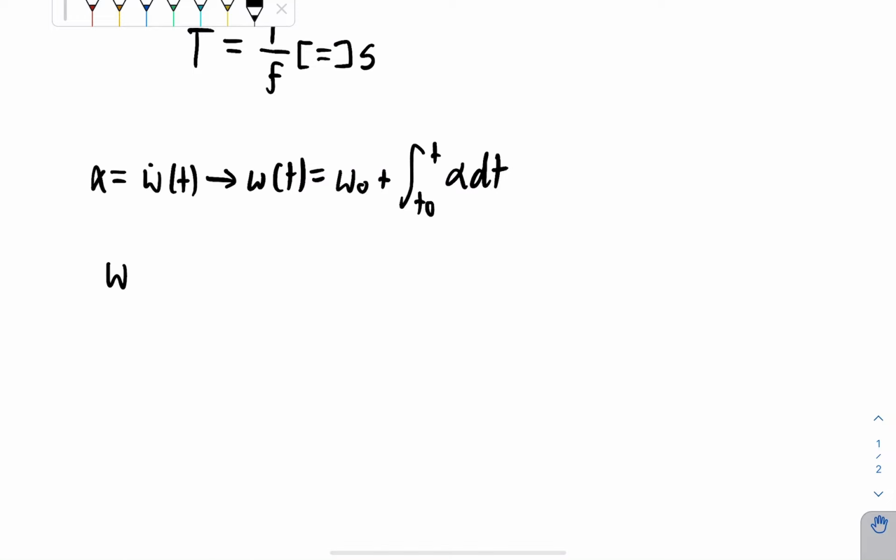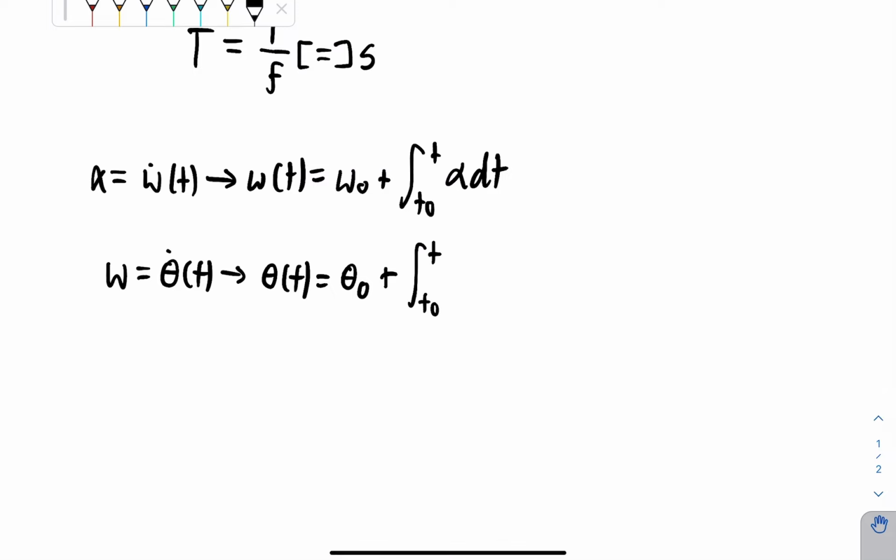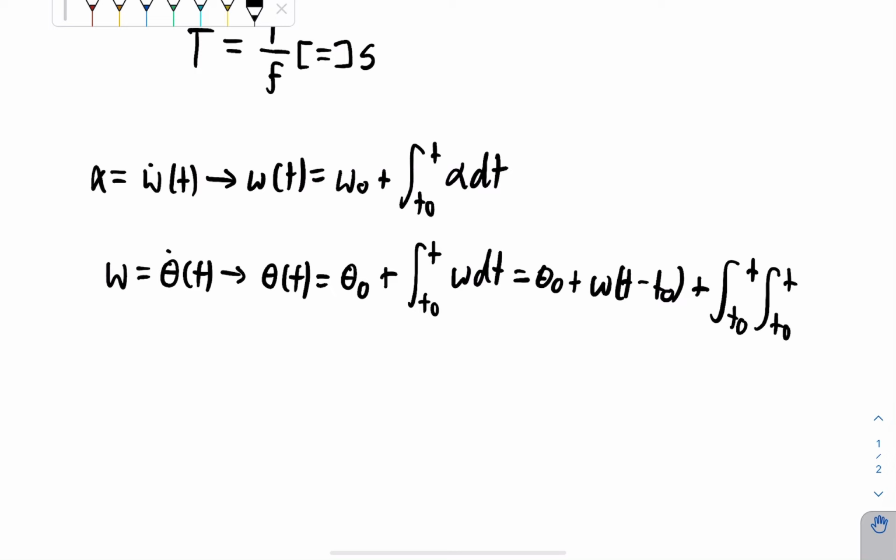Thus, we can define omega additionally as being theta dot of t, thus allowing us to define theta of t as being equal to theta naught plus the integral between t naught and t of omega dt, which is equal to theta naught plus omega naught times t minus t naught plus the integral between t naught and t, again the integral between t naught and t, of alpha dt dt.